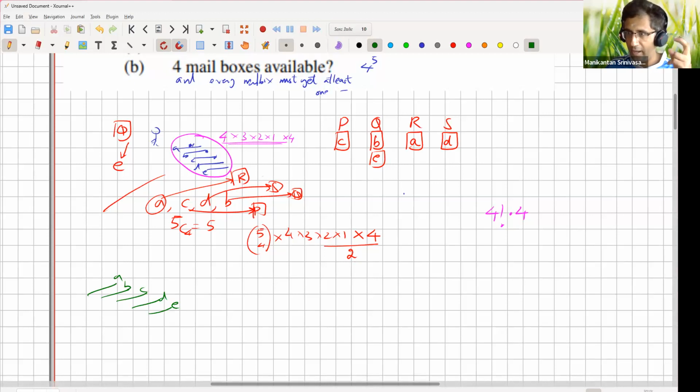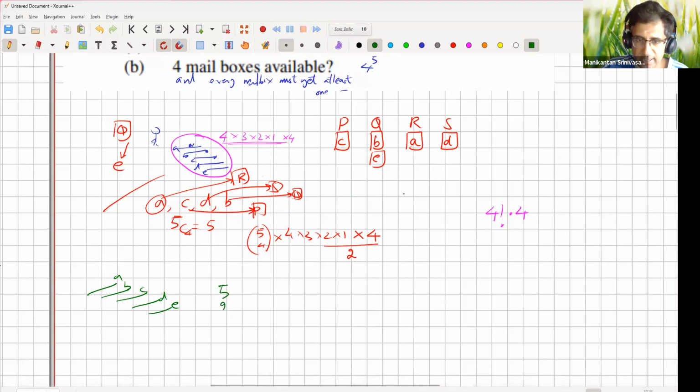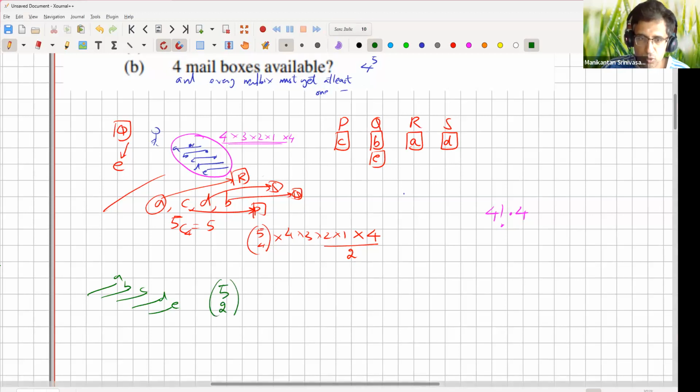So I'll choose which 2 go to the same box. That can be done in 5 choose 2. Namely, I decide that B and E will be together. They'll go to one mailbox, and then A will be separate, C will be separate, and D will be separate. So 5 choose 2 is telling me the different ways in which I can combine 2.